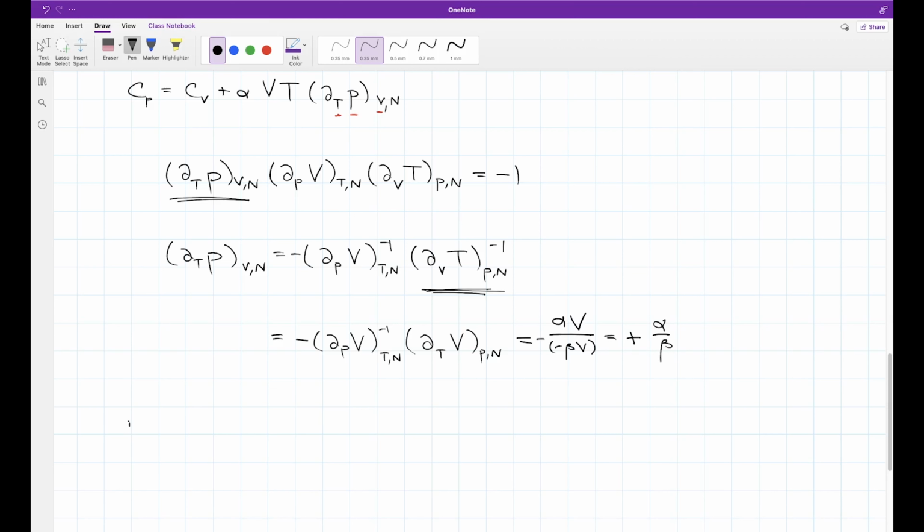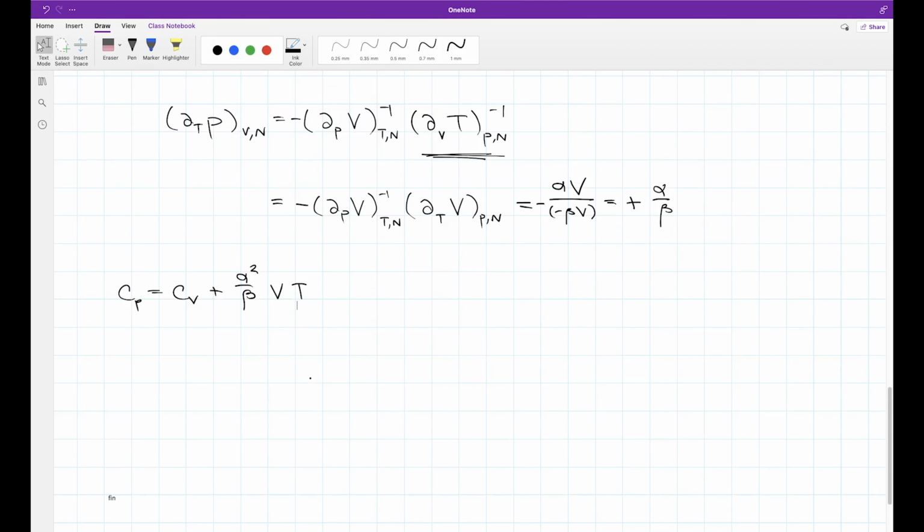And at long last, we find Cp is equal to Cv plus alpha squared over beta times V times T. Good. Okay, so this finishes the proof.